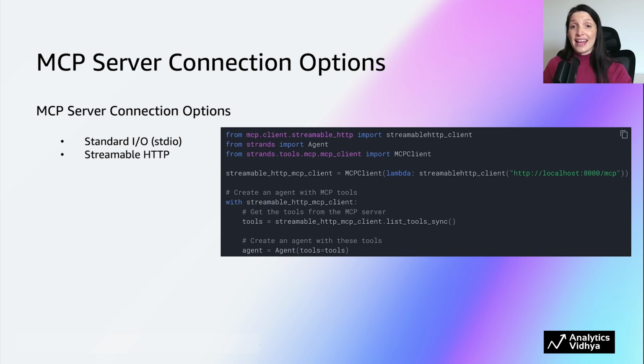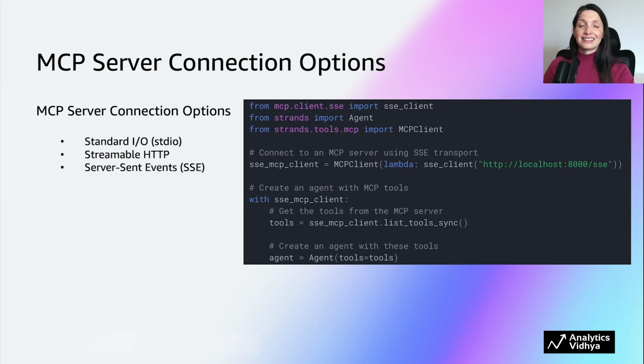Then we have the streamable HTTP. The server operates as an independent process that can handle multiple client connections. These transports use HTTP POST and GET requests. We have the server-sent events, SSE, for HTTP-based MCP servers that use server-sent event transport.